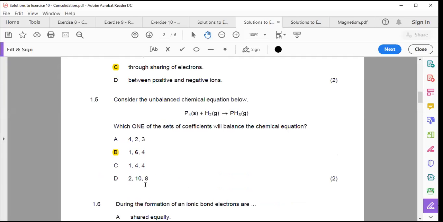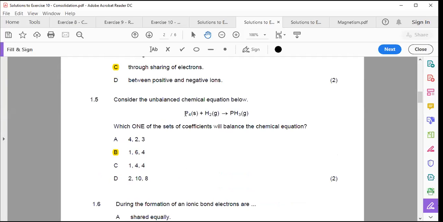Right, we go to 1.5. Consider the unbalanced chemical equation below. You've got P4 plus hydrogen to give you PH3. Which one of the set of coefficients will balance the chemical equation? So let's balance. Phosphorus here is 4 on the left. On the right, it's 1. So how do you balance? You put a coefficient 4 here to balance.